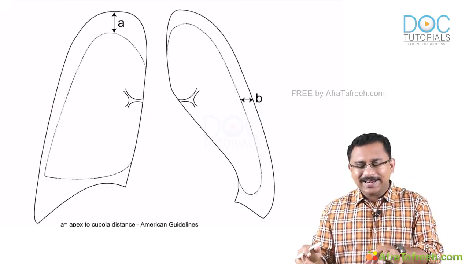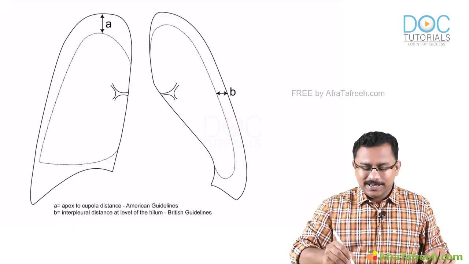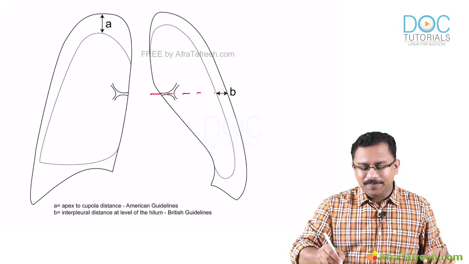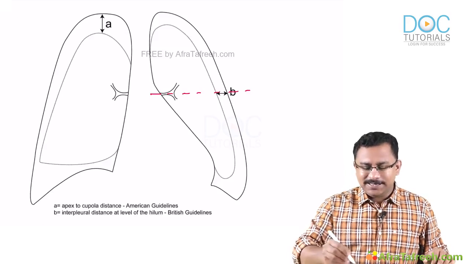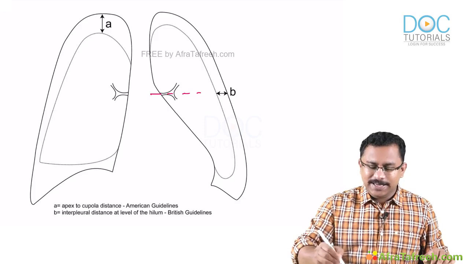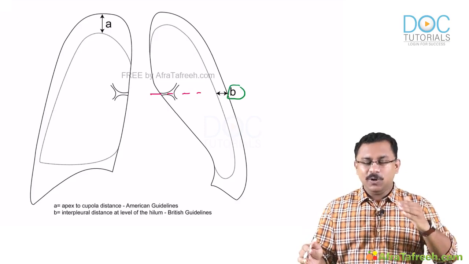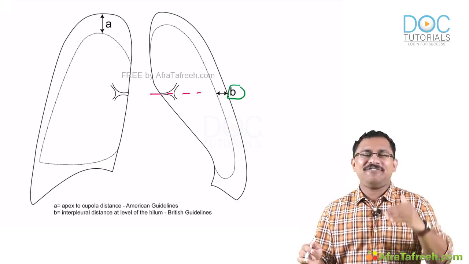BTS guidelines measure the size of the pneumothorax at the level of the hilum. On the lateral side, they measure what you are seeing as B, the gap between the parietal and visceral pleura at the level of the hilum.